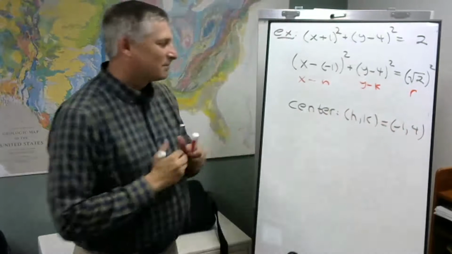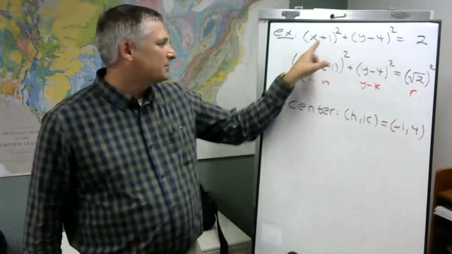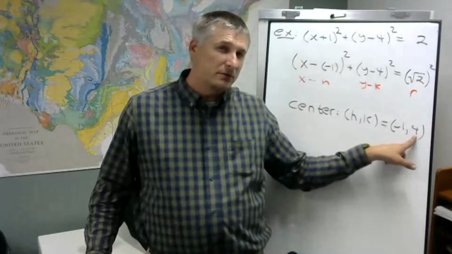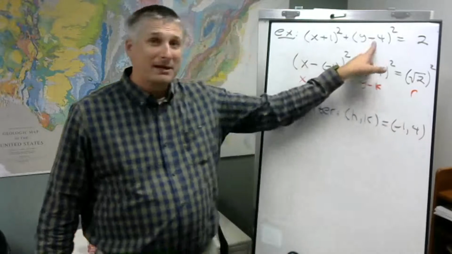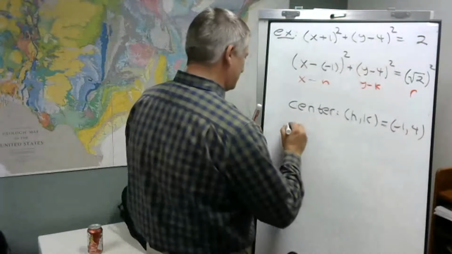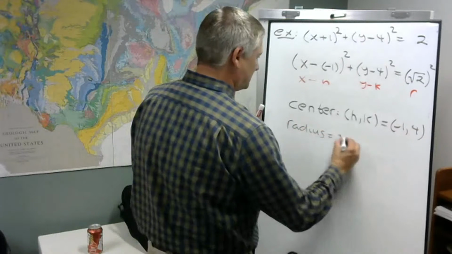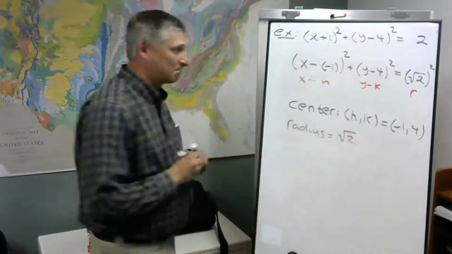Again, remember, when a coordinate for the center of a circle is negative, you're going to see a plus. When the coordinate for the center of a circle is positive, you're going to see a minus. And then our radius is the square root of 2.